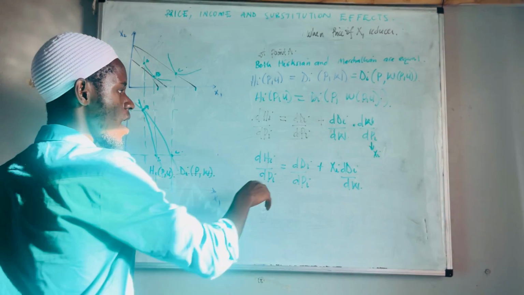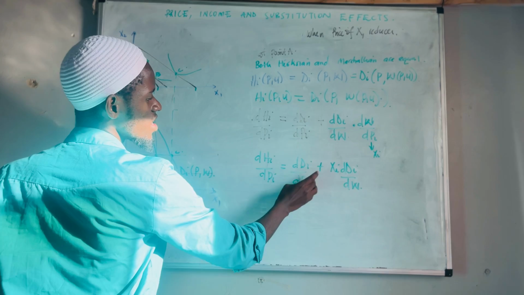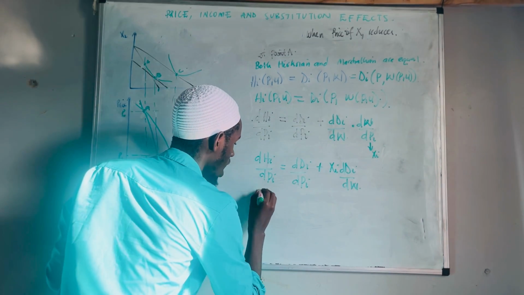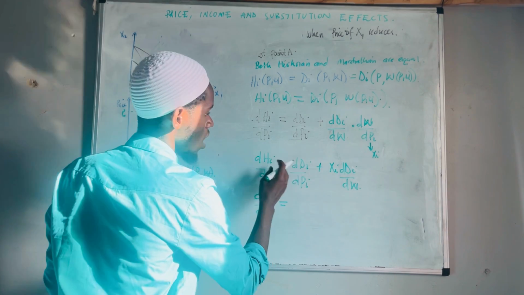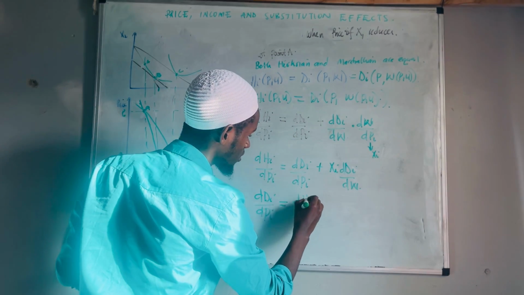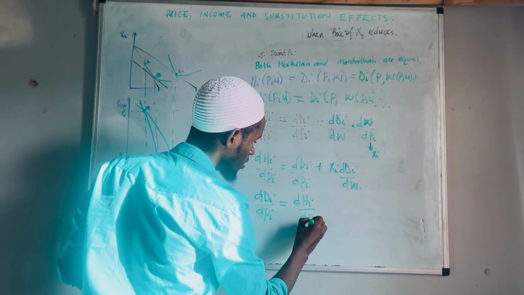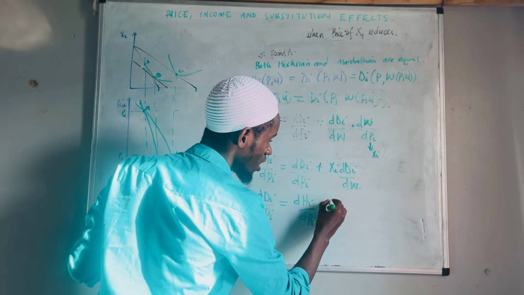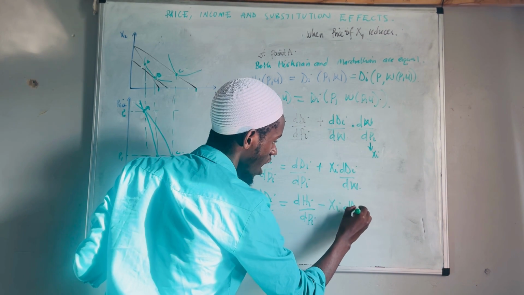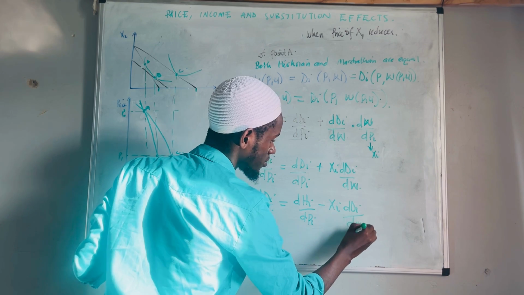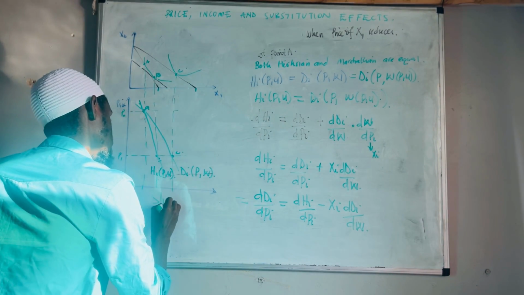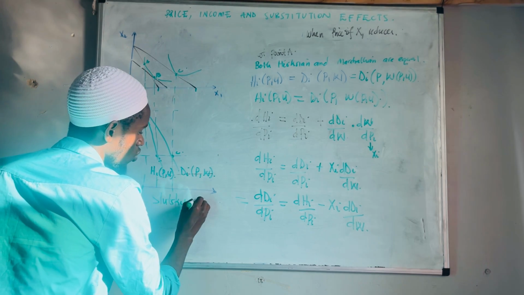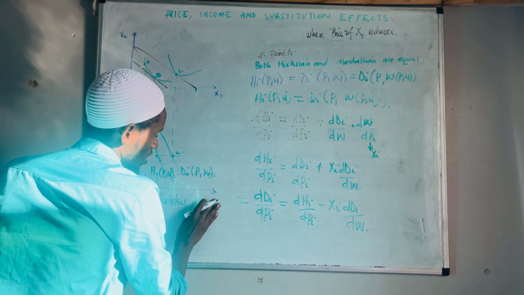Now, making dD_i/dP_i the subject, I have dD_i/dP_i equals dH_i/dP_i minus X_i times dD_i/dW. And this is what we call the Slutsky equation.